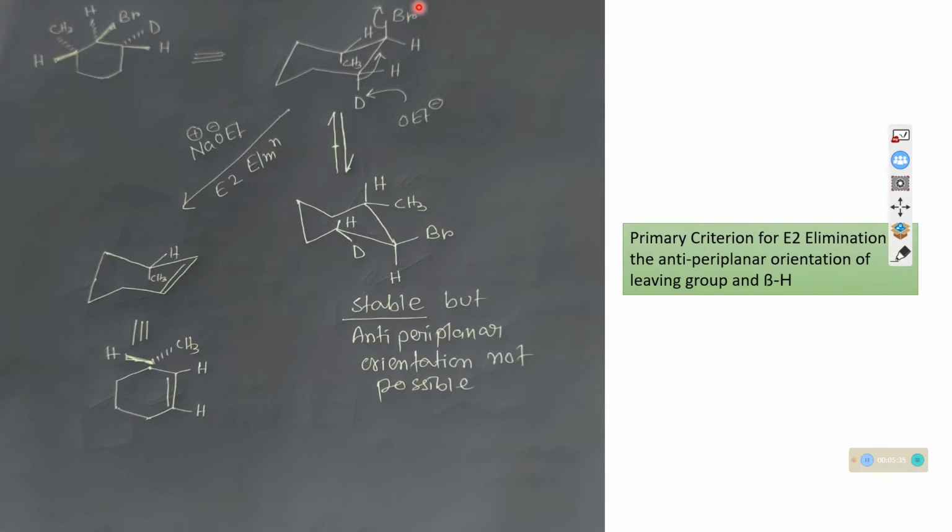But this is the less stable conformer, still it flips into this conformer, though it is less stable, and in this conformer see that the bromine atom leaving group and this deuterium are in perfect anti-periplanar orientation, and in this conformer the elimination will occur, not in the other conformer.